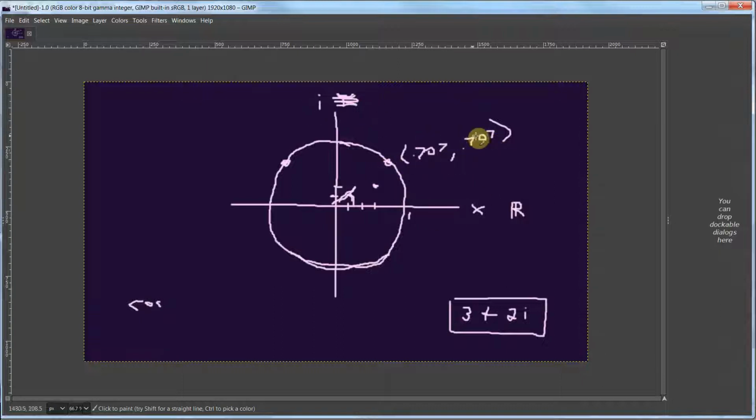But in the complex plane, we want to change this to this. So it's 0.707 on the x-axis, and then 0.707i in the i-axis. All right, so you have this point. It's just like that, except you add this i.